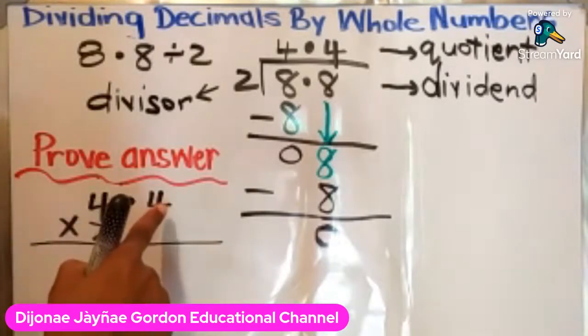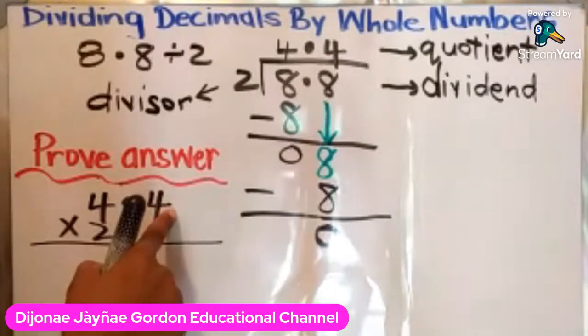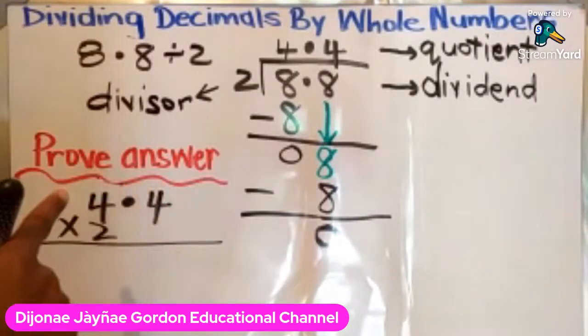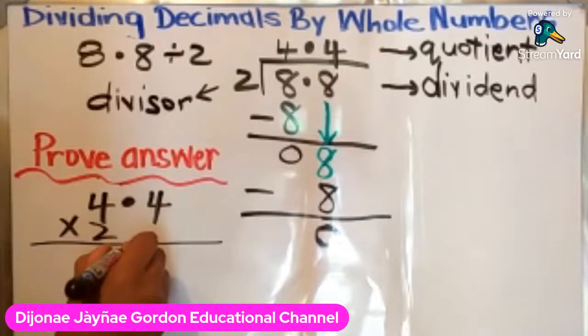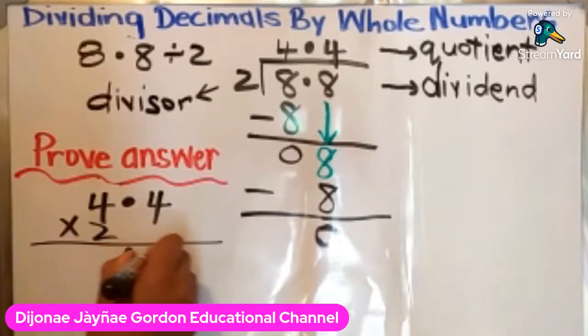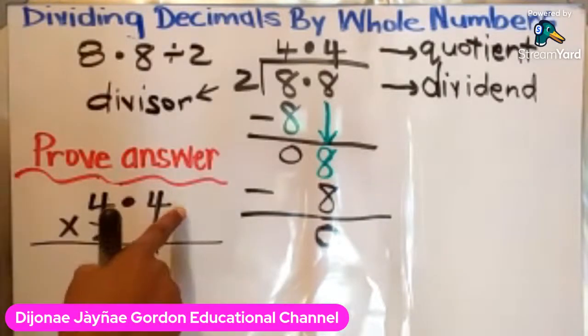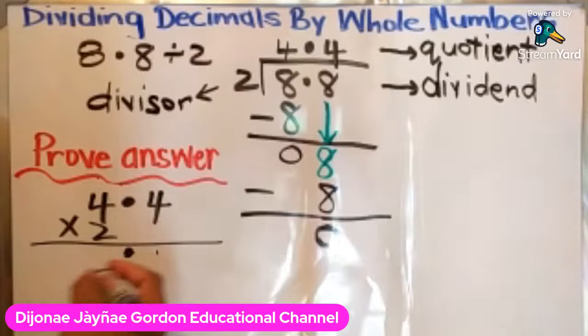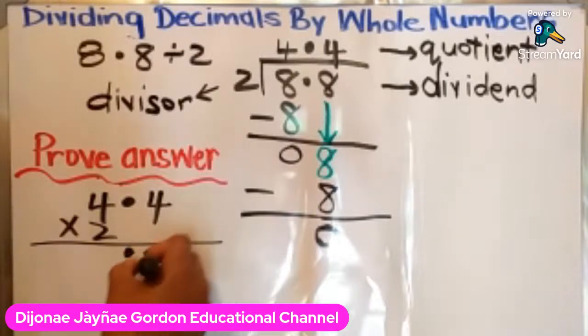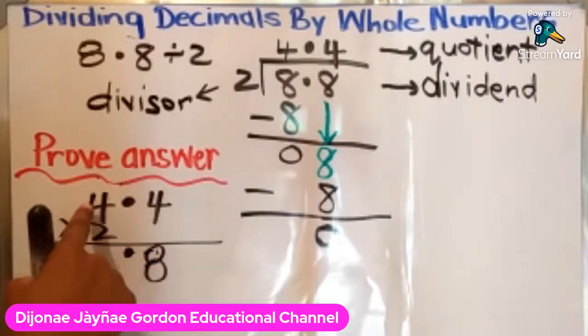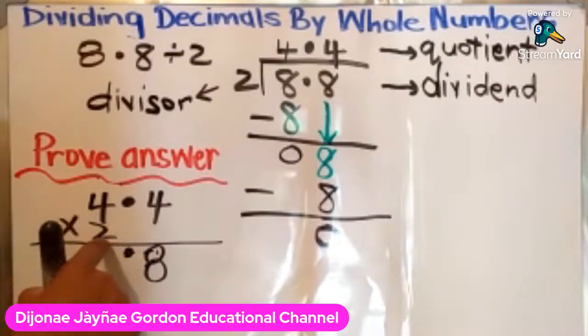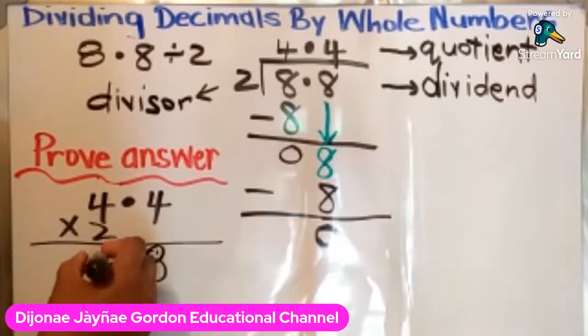You have 1 digit after the decimal place. So I'm going to put back my decimal place, and I'm going to put 1 dot right there to say that I have 1 digit after my decimal place. So 4 multiplied by 2, or 2 multiplied by 4, of course, you're going to get 8. And I'm going to go over here and take this 4 multiplied by 2. And you're still going to get 8.